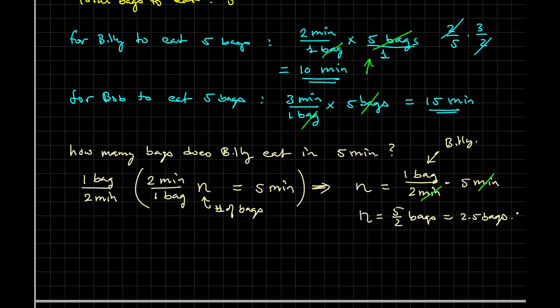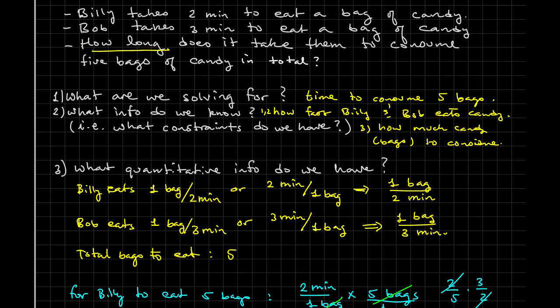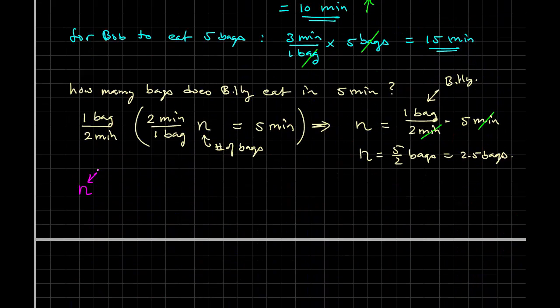Now we're ready to set up the final problem, or the original problem. Okay, the original problem says we want the boys to eat, what did I say? It said, how long does it take to eat 5 bags? Okay, all right. So N is 5 bags.